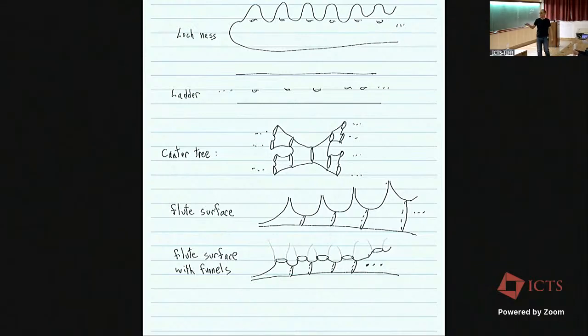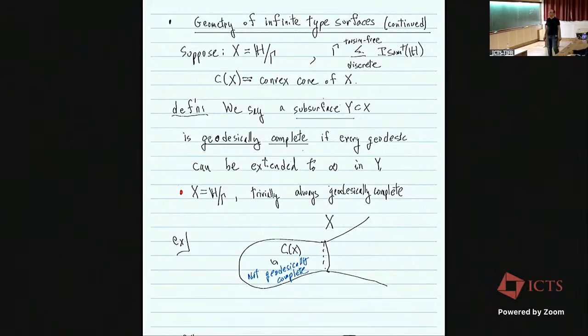Anyway, I'll continue. This is a continuation of the geometry of infinite type surfaces. The setup we had was, you have this hyperbolic surface X. This is a geodesically complete hyperbolic surface, which is the hyperbolic plane mod a discrete group. The convex core we defined last time.